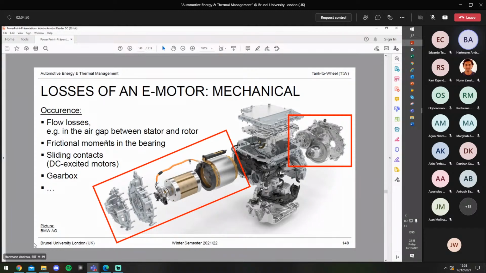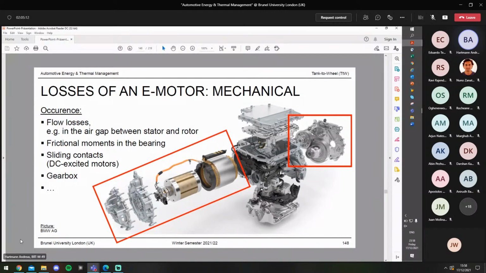Mechanical losses occur, for example, as flow losses, for example in the air gap between stator and rotor. Then for sure you have frictional moments in the bearing of the rotor. For DC excited motors, there might also be some mechanical losses for the sliding contacts.